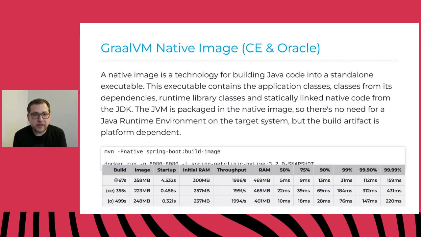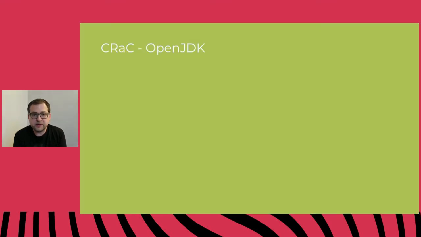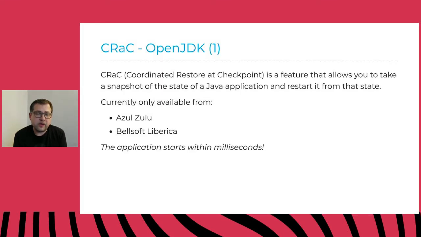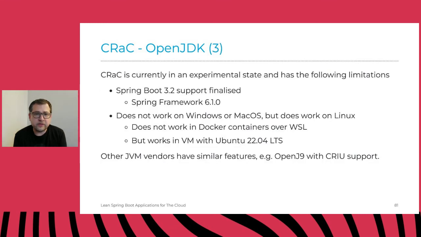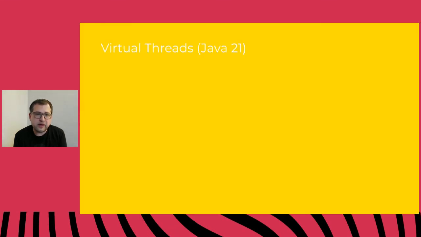And usually it's not really that fast if you have a lot of load on your application, compared to the JVM, but for most use cases, it's very nice. And then there are other things like, for example, CRaC, where you can snapshot your application, or let's jump a little bit further and speed that up.